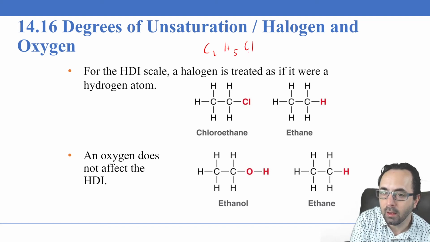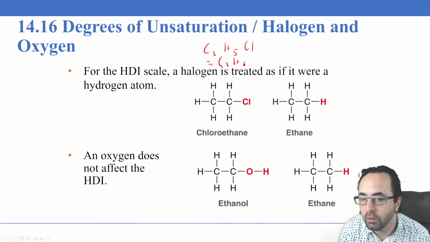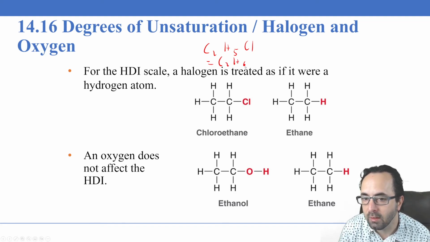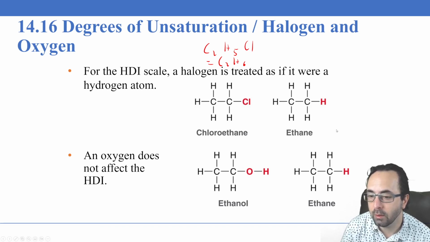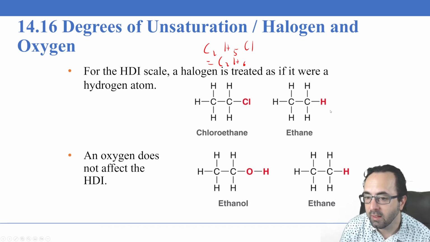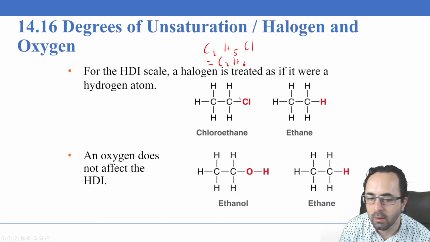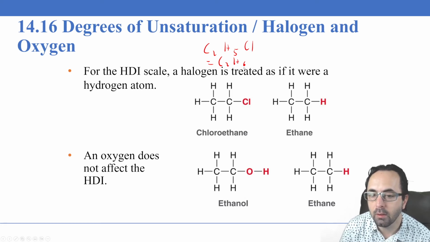We can say the chlorine atom is replacing a hydrogen atom, so this is equivalent to C2H6, and 2 times 2 plus 2 is 6, so this is saturated, right? So it's the same as having C2H6. When you're trying to see if it's saturated or not, take the halogen atom, pretend it's a hydrogen, and if it's saturated, then it's 0. And for every 2 hydrogens missing, you have 1 degree of unsaturation.